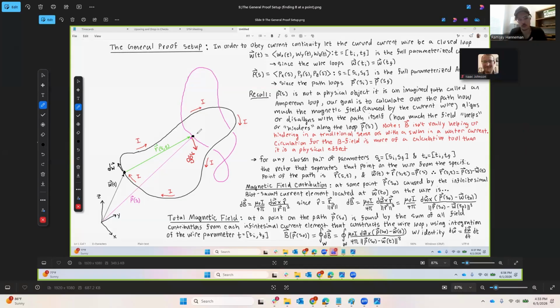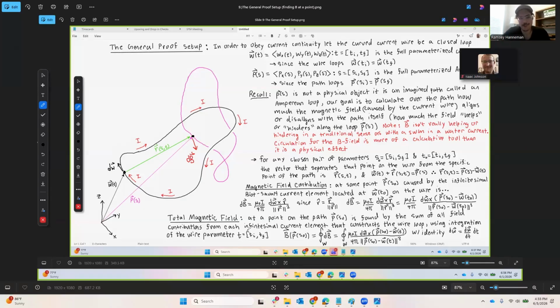However, to find the total magnetic field at this point on the path, what do I have to do? Integrate. Got to integrate. I got to figure out what's the B field contribution by the next dW, and do that for the whole wire loop. And that will give me my total B field at only a single point on the amp path.